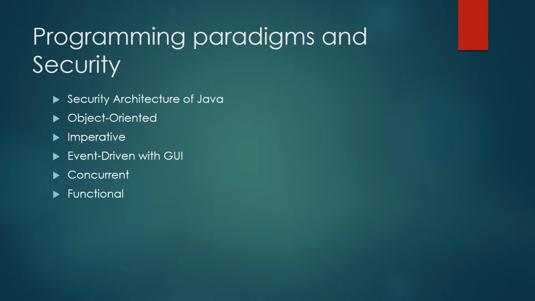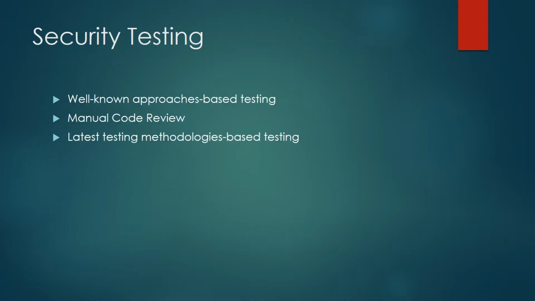Programs written using functional paradigm use functions, blocks of code intended to behave like mathematical functions. These programming paradigms help in securing the application. They provide best practices for a developer to develop a secure application.